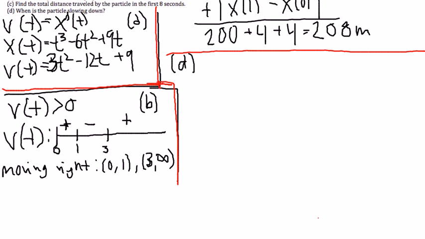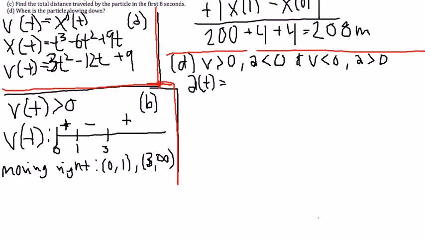Let me rephrase that. We know that the particle is slowing down when velocity is greater than 0 while acceleration is less than 0, and when velocity is less than 0 while acceleration is greater than 0.